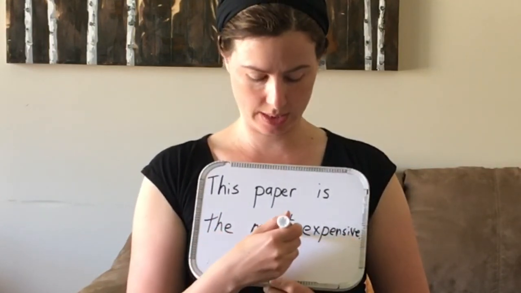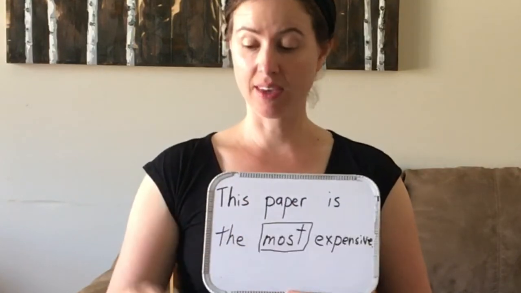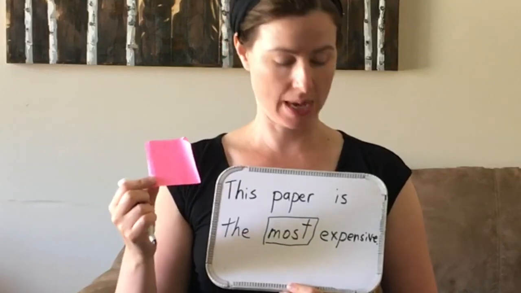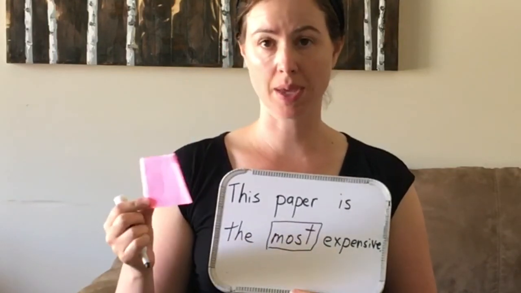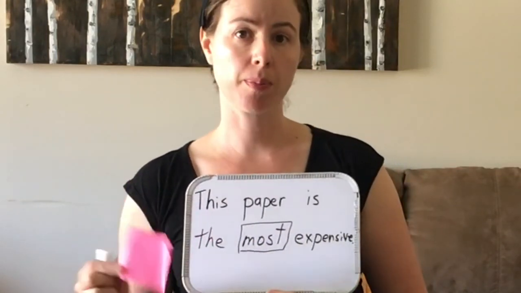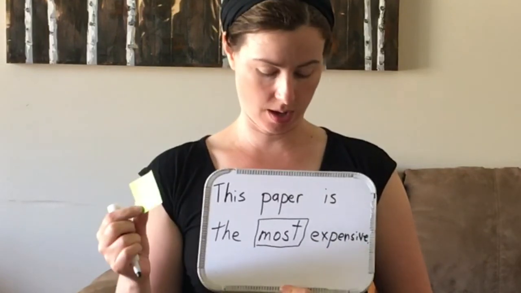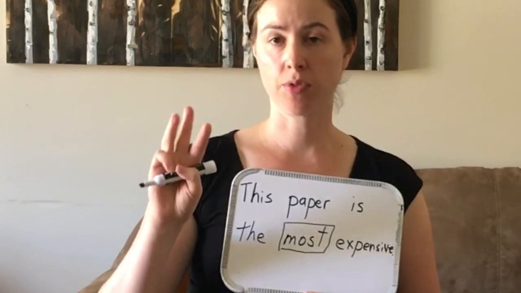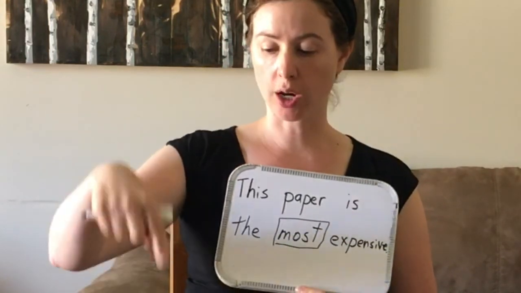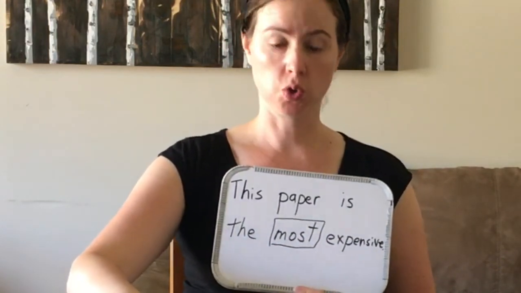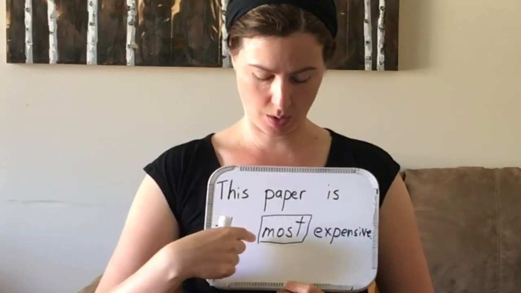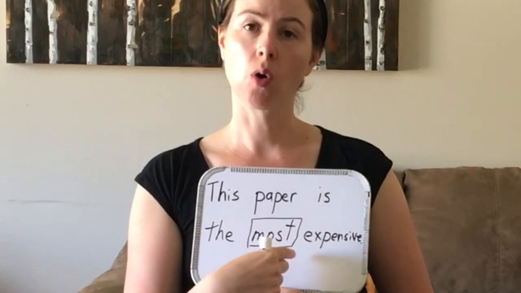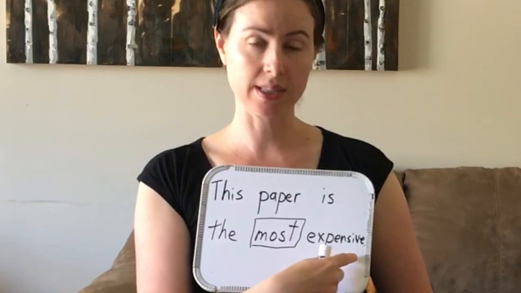We say most. This paper is the most expensive. Or this paper is the most beautiful. So when you have three things and you are talking about one, you need to say the most expensive or beautiful if this word is long.